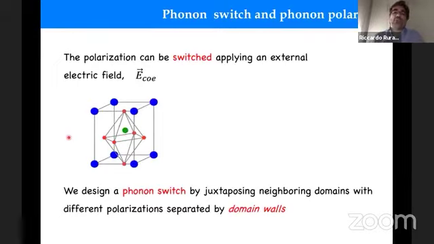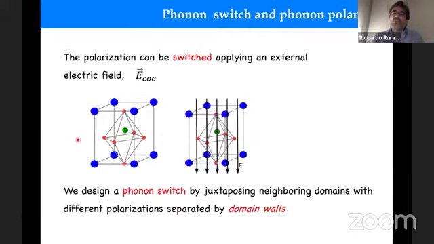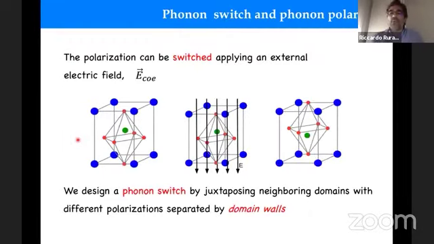This is interesting because this distortion has an associated dipole moment, so you can use an electric field to manipulate this permanent electric dipole moment. For instance, you can reverse the polarization. If you look at these two lattices, they are exactly the same: two equivalent ground states, but you have reversed the polarization from up to down.